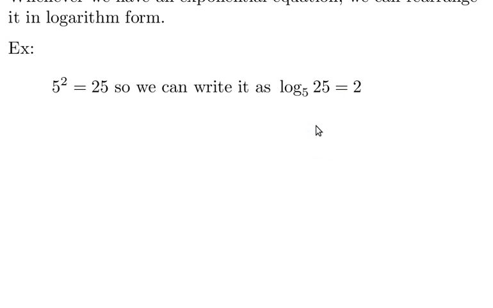Okay, so let me clear that off. Now, let me explain exactly how I can quickly and easily go from this to this. I'm going to write this out again with a little bit more space. So 5 squared equals 25. The base, remember, will stay the same. Here the base is subscript and here it's not, but even so, it's still the base.